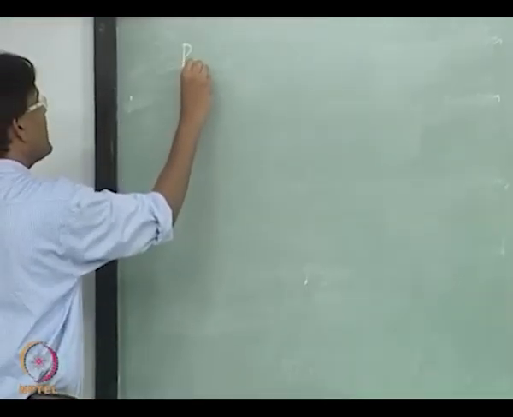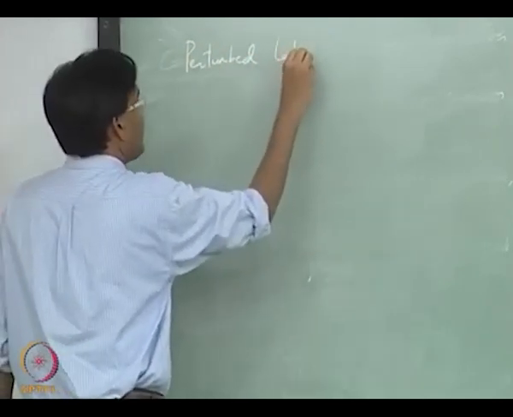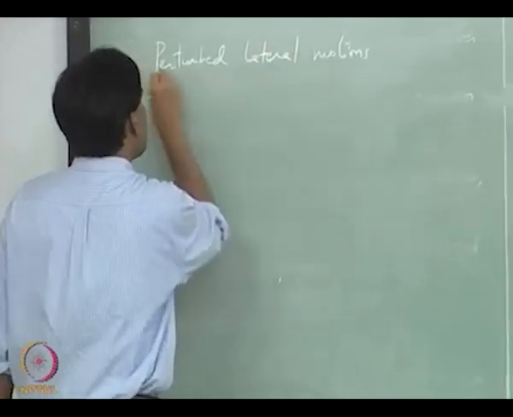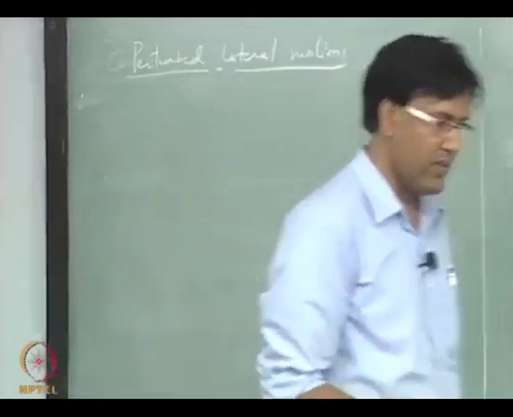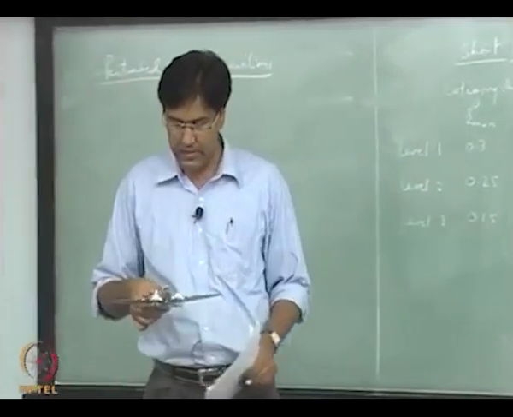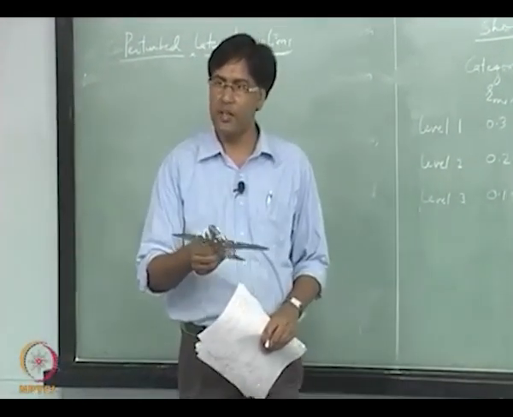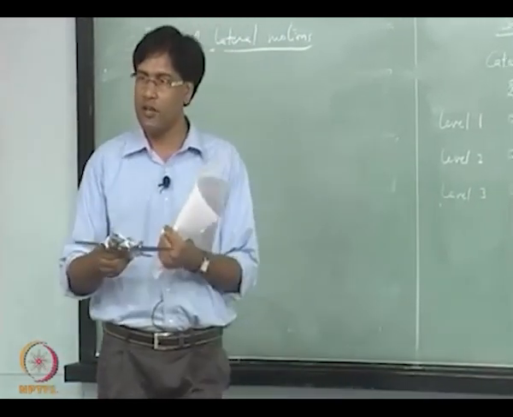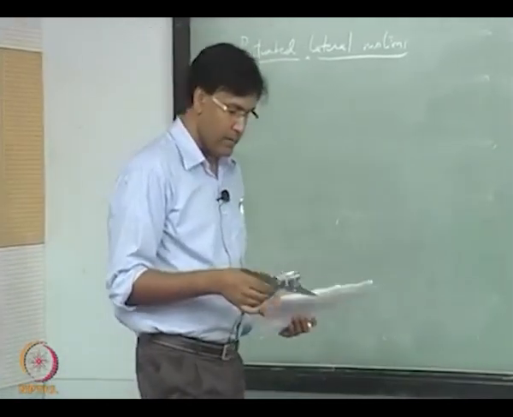Let us look at perturbed lateral motions now. Okay. So what is happening is we are again considering the same equilibrium flying condition, and now we are not bothered about what is happening in the longitudinal plane, right. Now we want to look at dynamics in the non longitudinal planes, right.